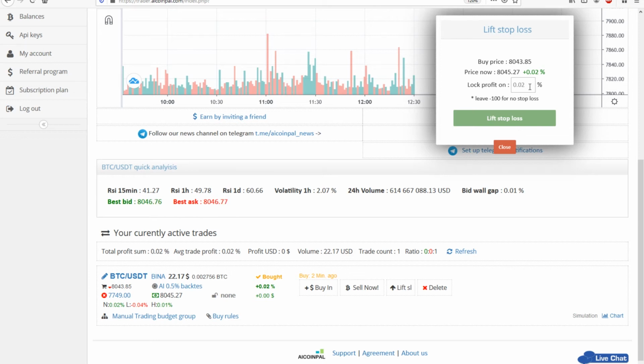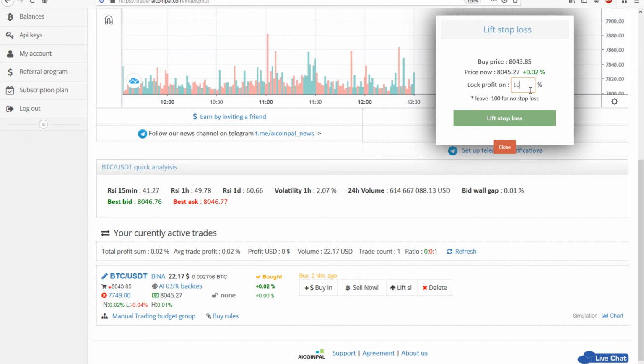The stop loss feature allows you, for example, your profit would be, in this case, 0.02 profit, but we want to sell when the profit is, let's say, 0.1, or in some other cases would be 0.30 or 0.50 or maybe 10%, 100% maybe also.